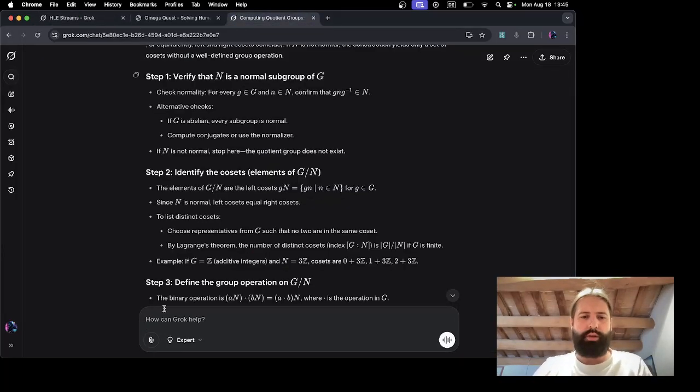But what does it mean for a quotient group to be trivial? Does it mean that it's just... this is what I don't understand. Keep the answer short.